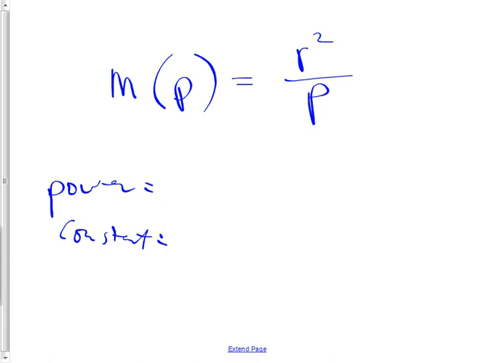So there's two things. This stuff's got to be either variable or constant. So I hope you figured out that by saying it this way, that's the variable. If that's the variable, do you remember me making you write these all on one line? M of p is r squared p to the what? -1.